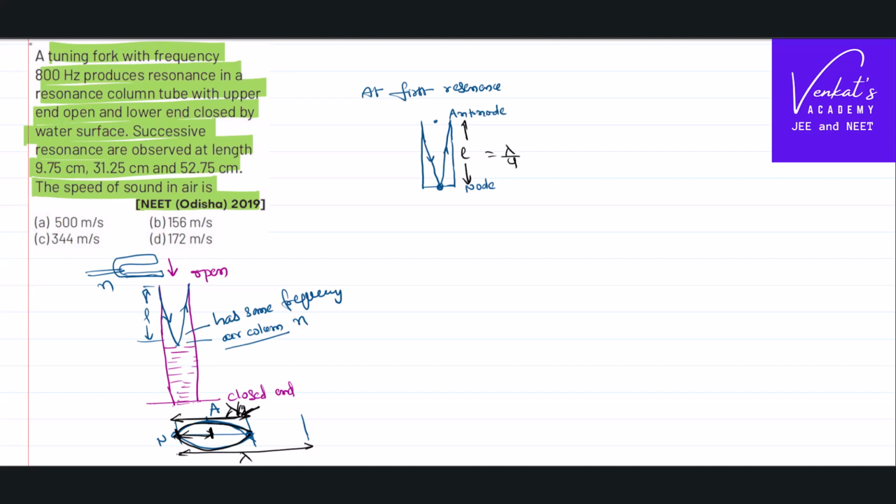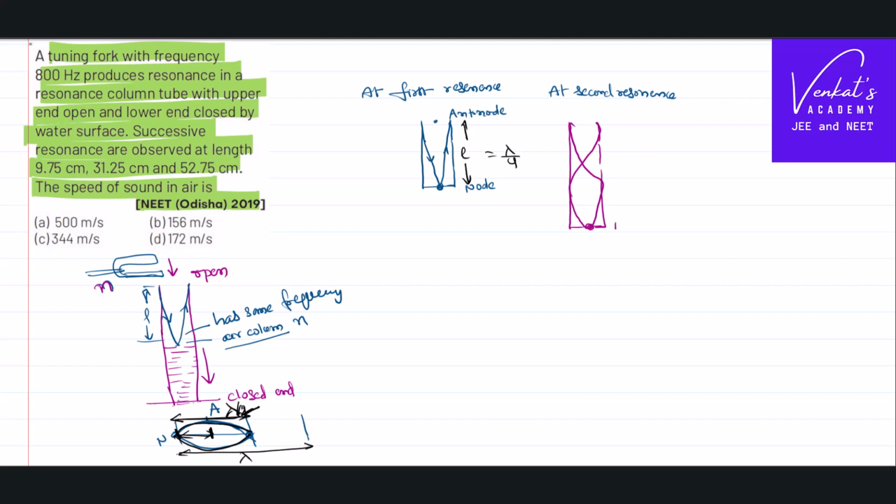If we proceed further, the second resonance also happens. By second resonance I mean we lower the water level so the air column length increases, and we repeat the experiment. Again, when the frequency of the air column equals the frequency of the tuning fork, resonance is heard.